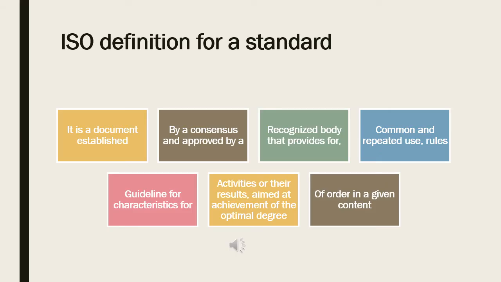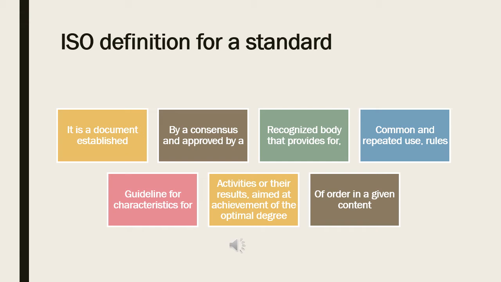At the beginning we asked ourselves, what is a standard? We are going to see the meaning of a standard according to the ISO definition. ISO stands for International Organization for Standardization. So we are going to see how this organization defines a standard.